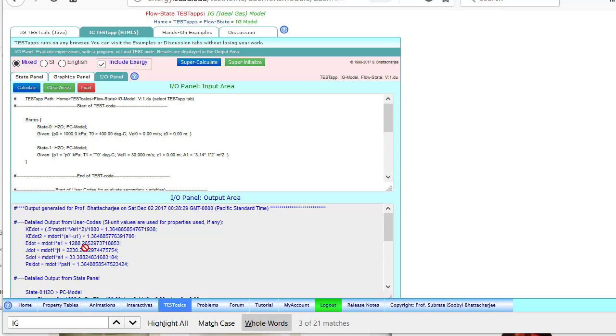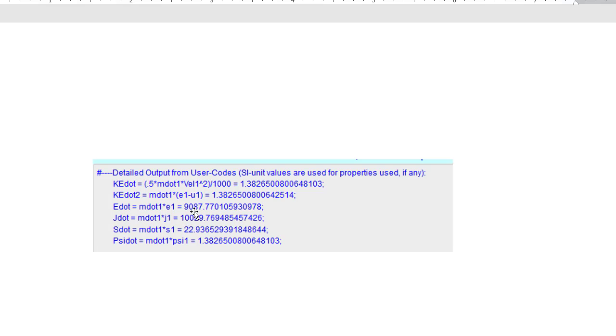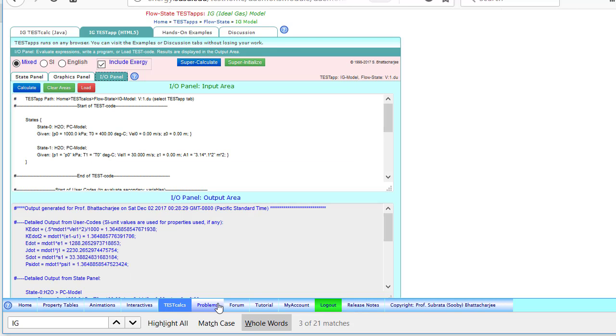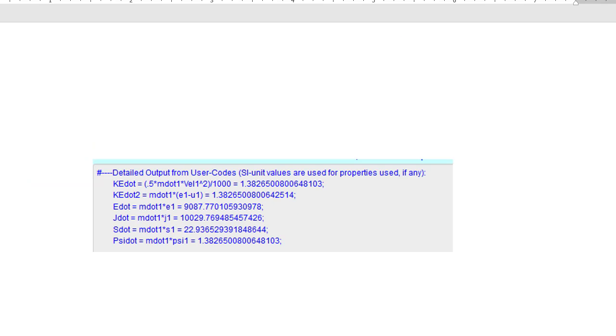We have 1288 and 2230 versus we had 9,087 and 10,029. So they're a lot smaller. This is because the PC and IG model use different reference values for the internal energy. And entropy is also referenced differently in the different models. You can see that here we got 33, whereas with the PC model we got 22.